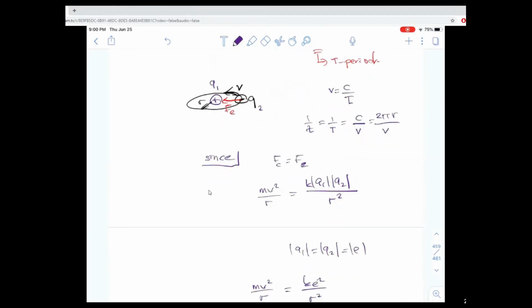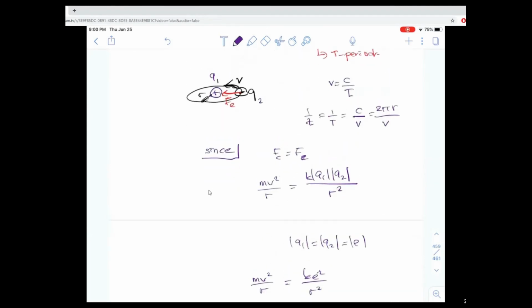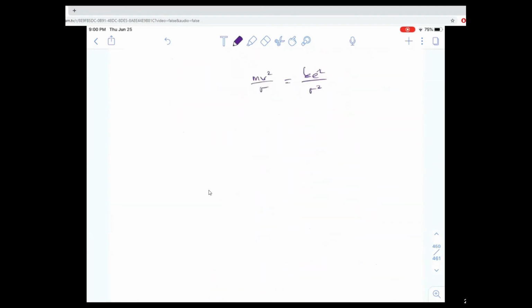Cool. I'm checking to see if we will have any potential problems. I don't see any potential problems. So let's take care of our cancellations. And that's it.